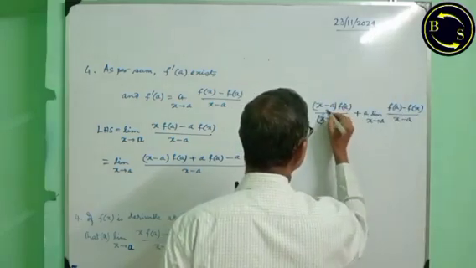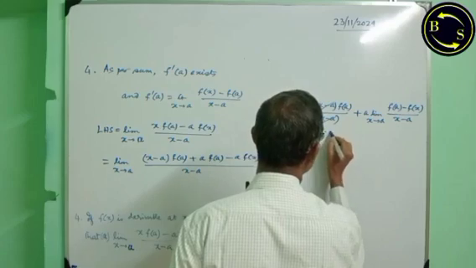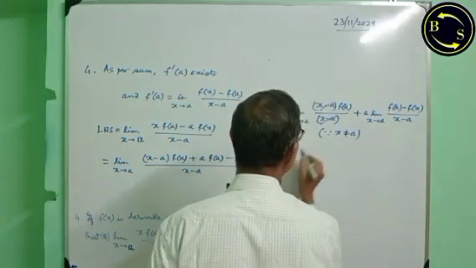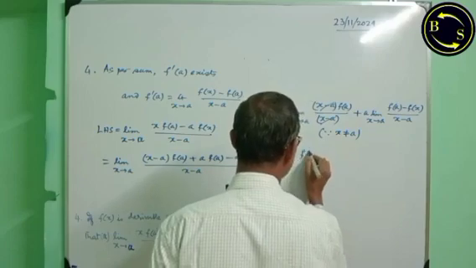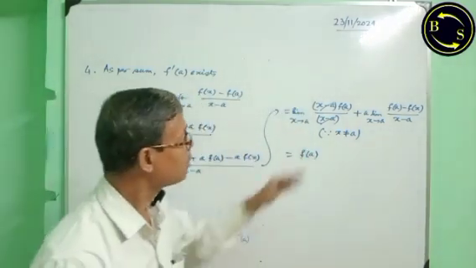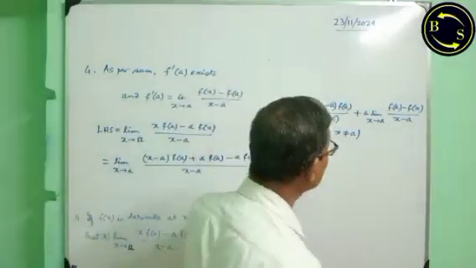Now these two are cancelled since x is not equal to a. Therefore, from this I get f a. Here x is the variable, x tends to a, but there is no x. That means f a is constant. Therefore, the value will be f a.